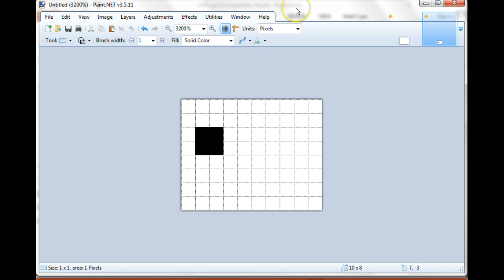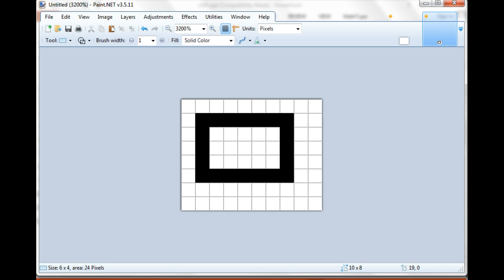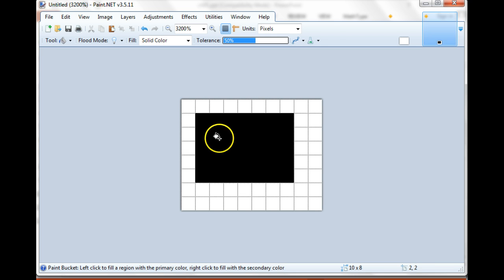Let's back this up and do a fillRect. Let's see. I'm not sure how to fill rectangles on here, but let's fill it in this way. Okay. So now I've done a fillRect, and I'm starting at 1, 1 and ending at 7, 5.